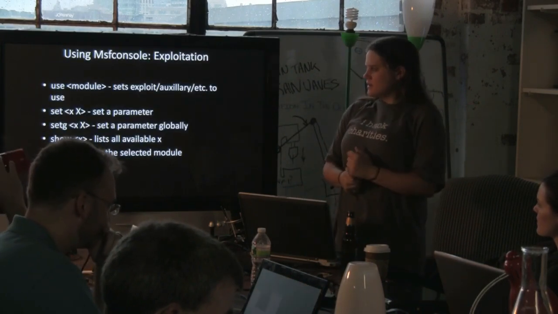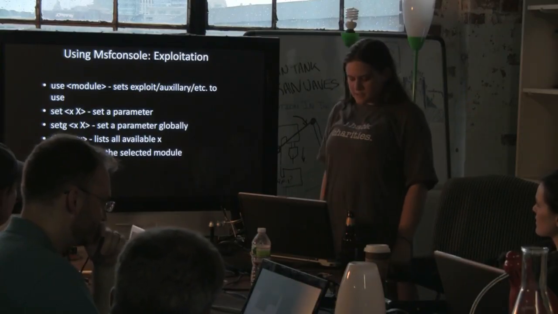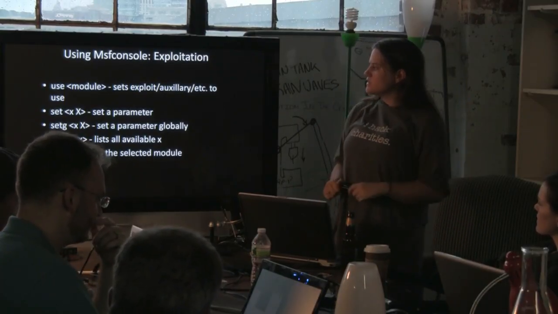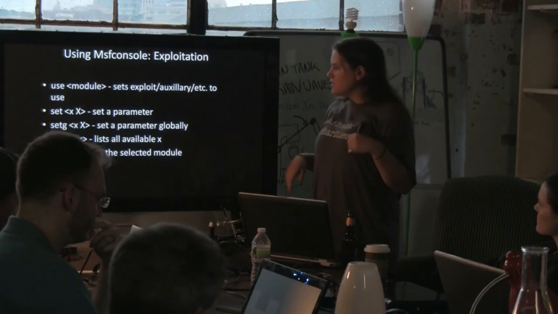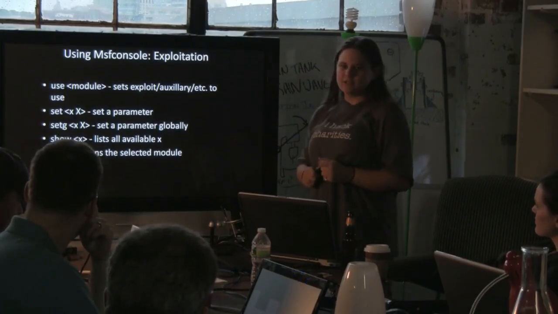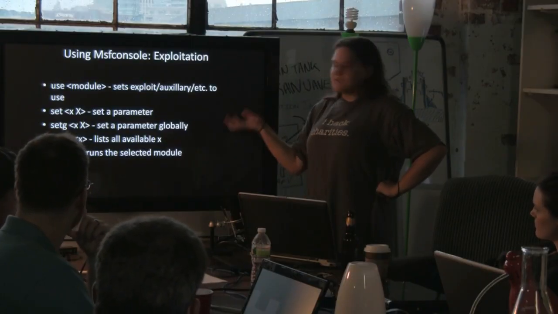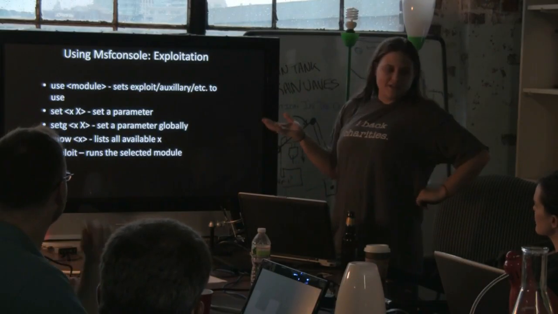So let's look at msfconsole. That's the Metasploit Framework console for exploitation. I'm actually going to show you a demo of this one, but let's look at the slide. This is an example for exploitation. Basically this is everything you need to say in order to use an exploit. And that's not too many lines, huh?